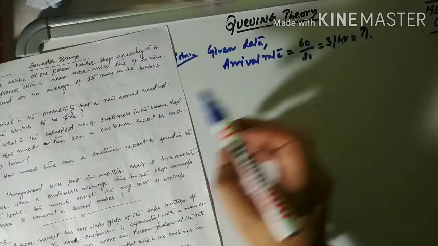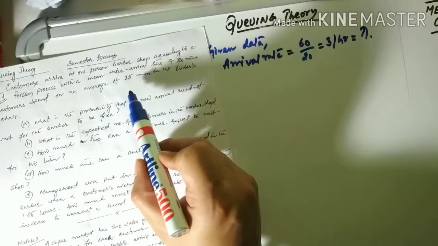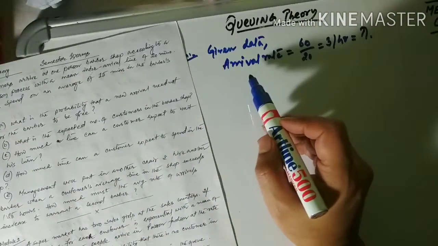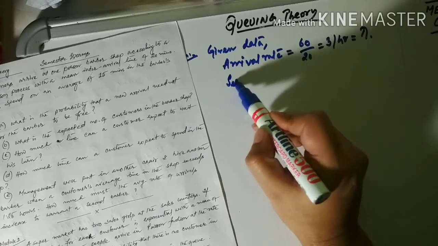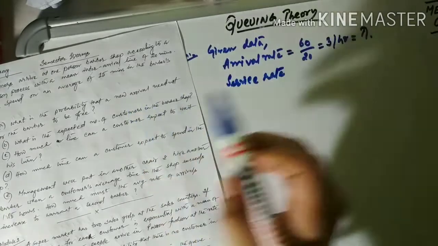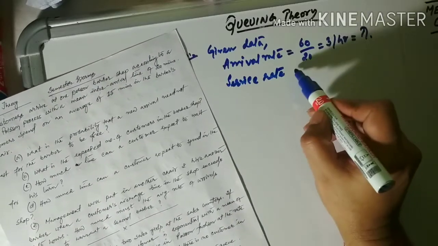Now the next one says customers spend on an average 15 minutes in the barber's chair. That 15 minutes is the service rate. He has to spend 15 minutes in the barber's chair.